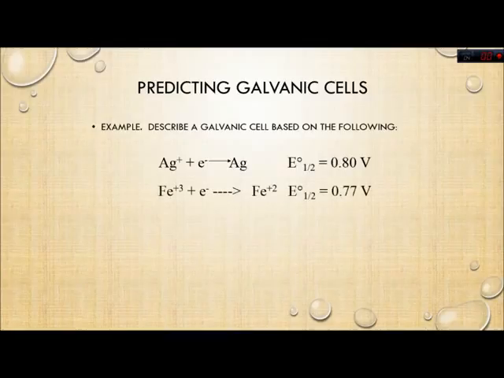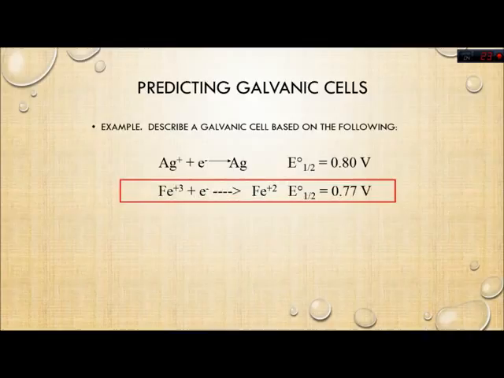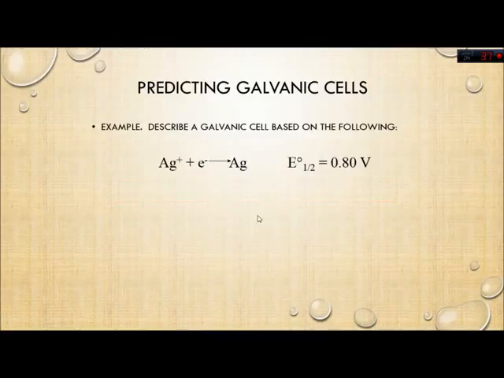Next, for ferric, Fe3+ to Fe2+, the electrode potential is 0.7. Now when you reverse the second reaction, we get the EMF as negative. In the previous case it was positive, and in the next case it became negative.